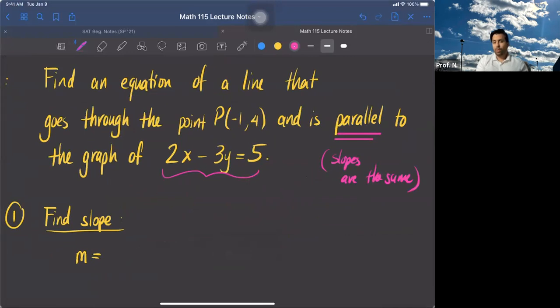How do I find the slope of the line 2x minus 3y equals 5? Isolate y. That's right. I want to change it to slope-intercept form.